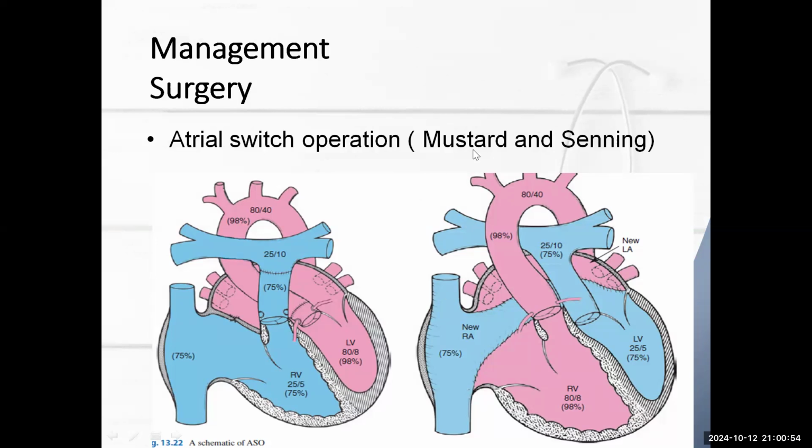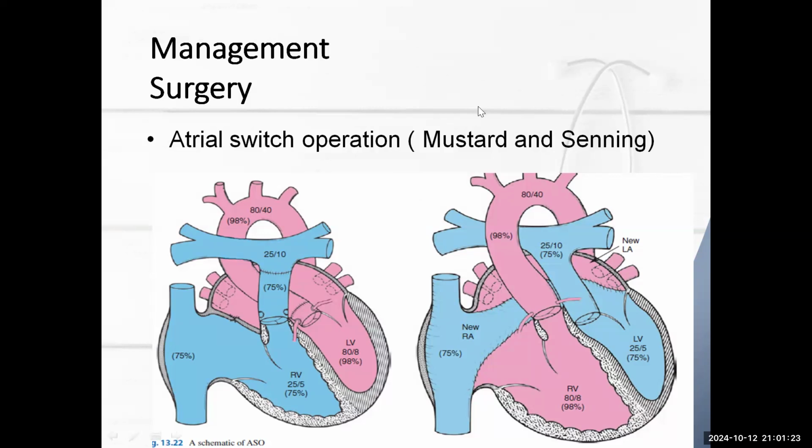Okay. In the atrial switch operations, there are two techniques, one called Mustard and one called Senning. It depends on the way the tunnel or this baffle is done. Senning is done from the patient himself, from the wall of the atrium or the septal wall of the atria.